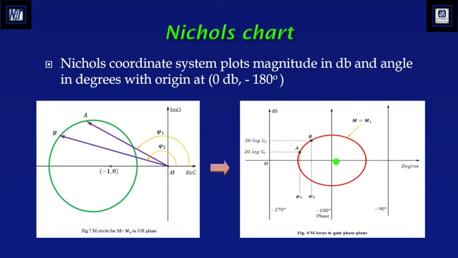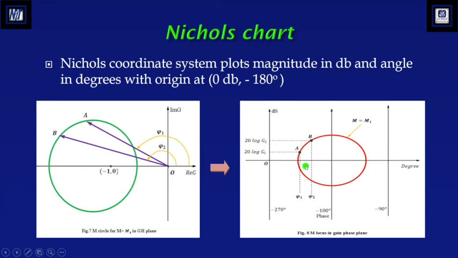It is to be noted that the critical point minus 1 plus j0 of the polar plot is mapped into the Nichols chart as the point 0 dB, minus 180 degrees, and this becomes the origin. The Nichols chart is symmetrical about the minus 180 degree axis. The M loci are centered about the critical point 0 dB, minus 180 degrees.